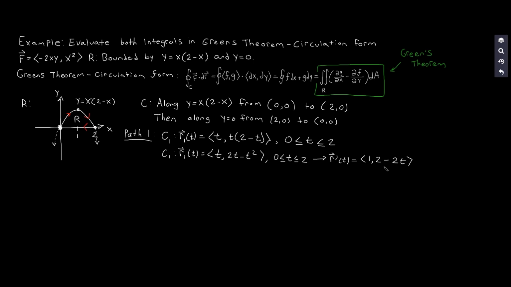Now that's our path 1, but we're not off the hook because we need path 2, right? Now we're going back this way. So this is path 2, and we'll call it C sub 2. That is vector r sub 2 of t. Well, this is linear.